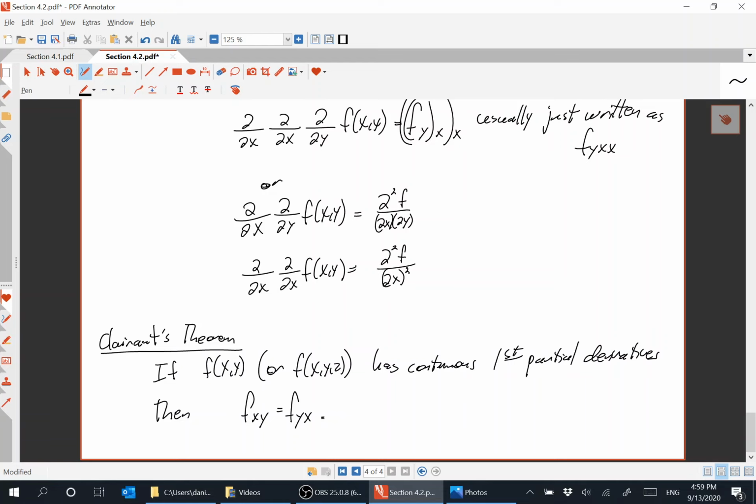Okay, so it doesn't matter which one you do first, as long as you have continuous first partial derivatives.